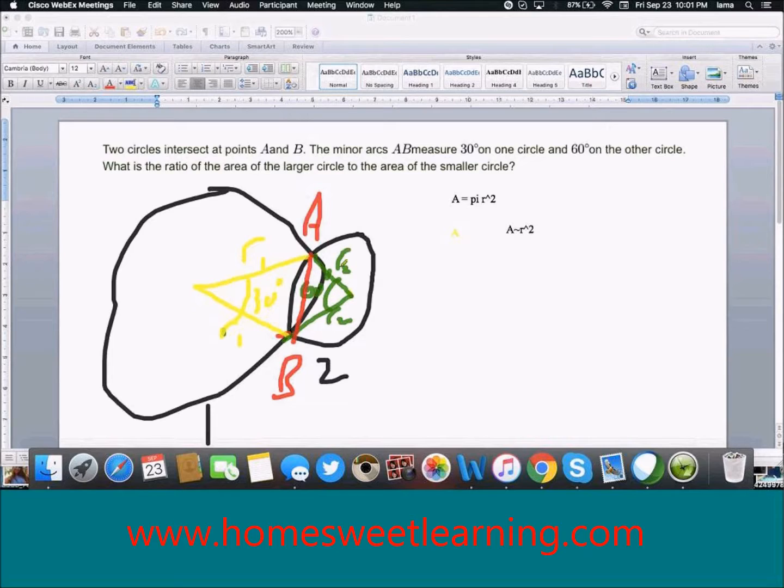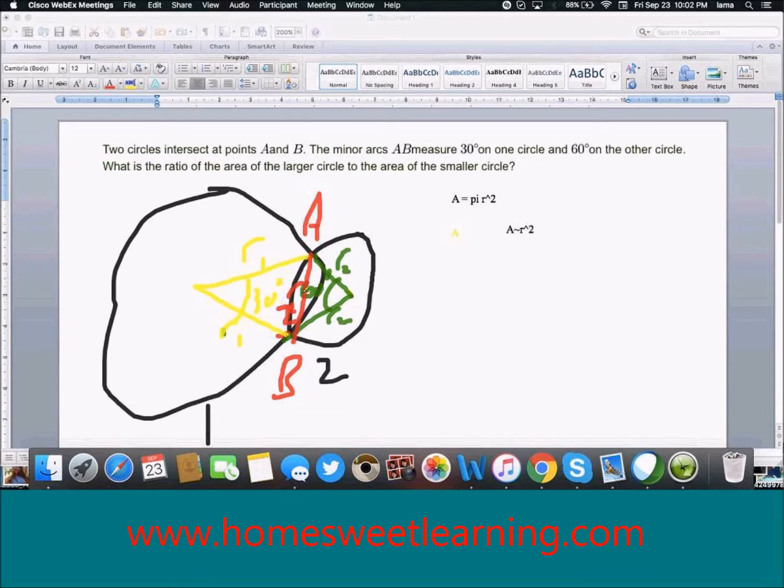And seeing as this is 60 degrees, and we know that R2 and R2 are equivalent because it's a circle, so the radii are all the same regardless of where you're pointing. These two are the same sides, this is the same angle, therefore it's equilateral. So chord AB also is R2. We have an equilateral triangle with a length of R2 on all three sides.